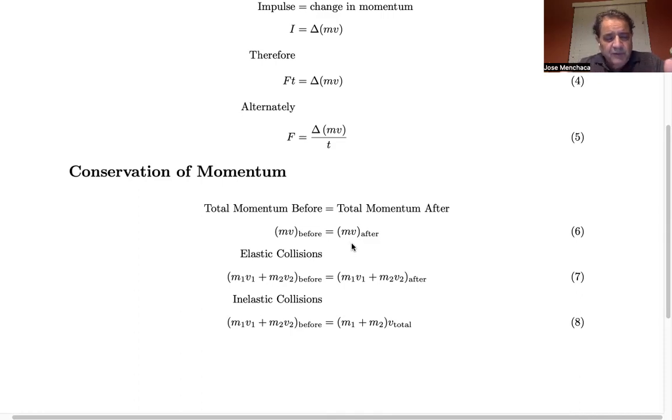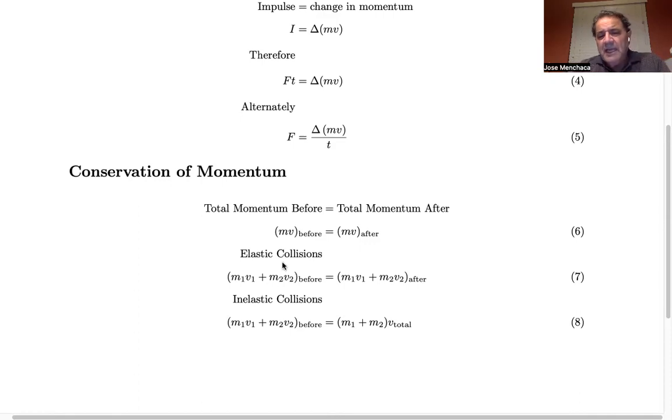Both of them are zero before it's fired, so the total momentum before is zero, and the momentum afterward has to be zero. After it's fired, the cannonball moves at a certain velocity and has mass, and the cannon has mass and moves in the opposite direction, so they cancel. Our total momentum afterwards is also zero.